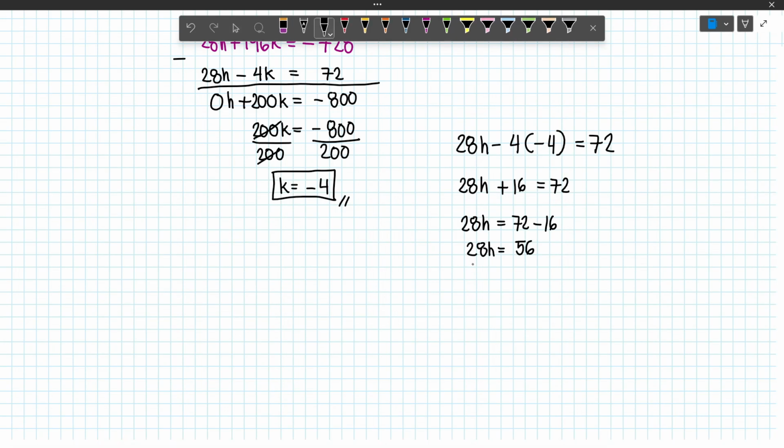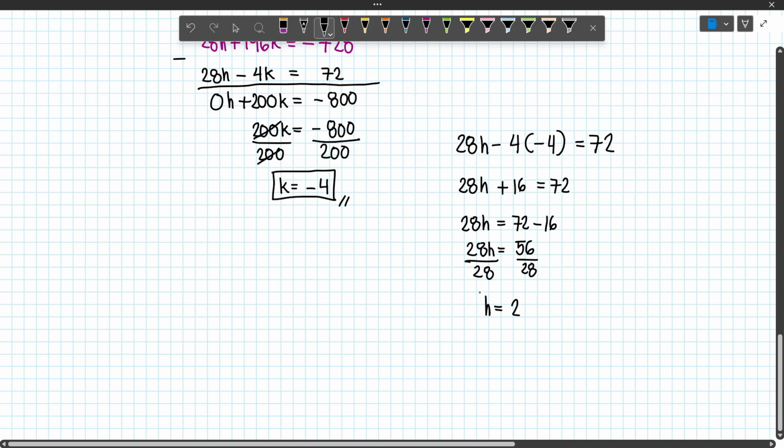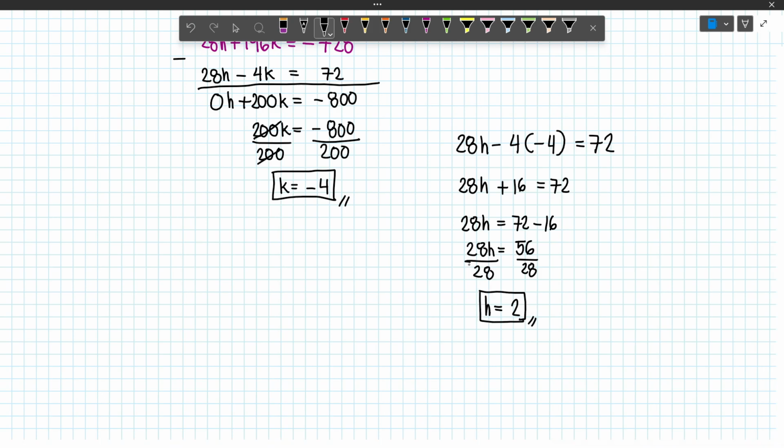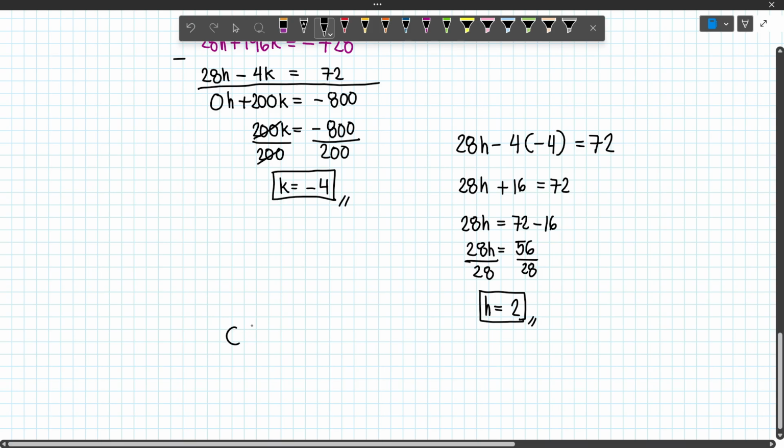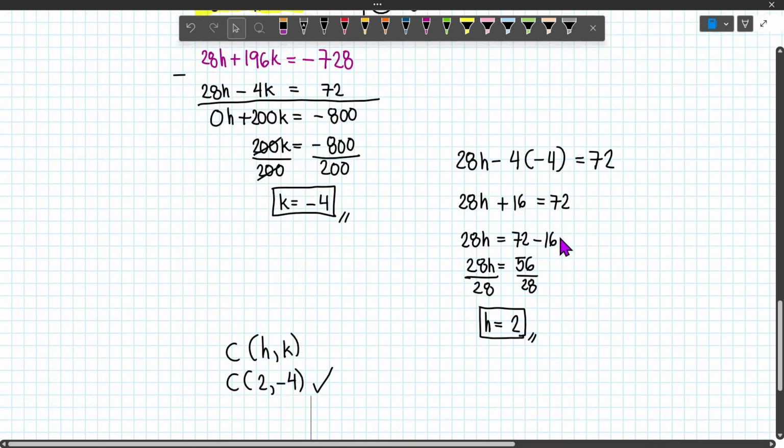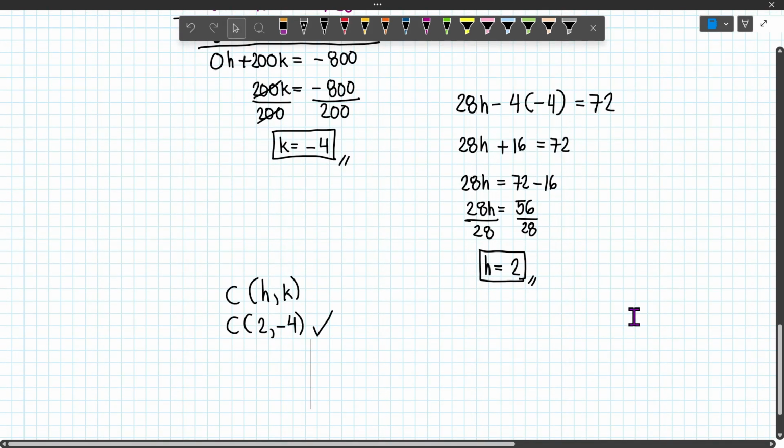Divide both by 28 and your h will be 2. So the center of our circle will be at HK, or 2, negative 4, which is the same as our result earlier.